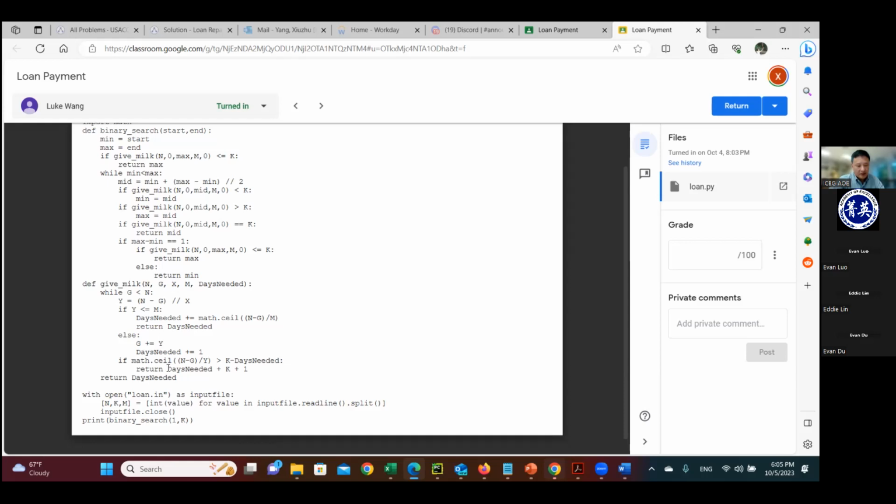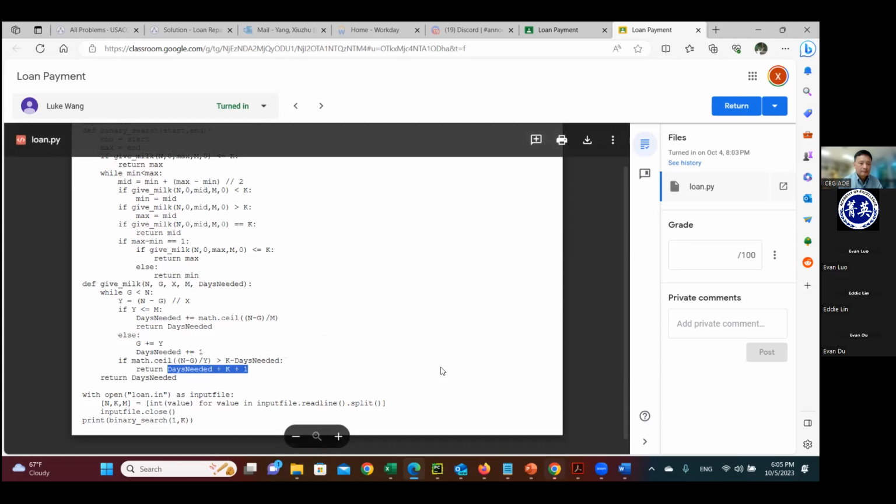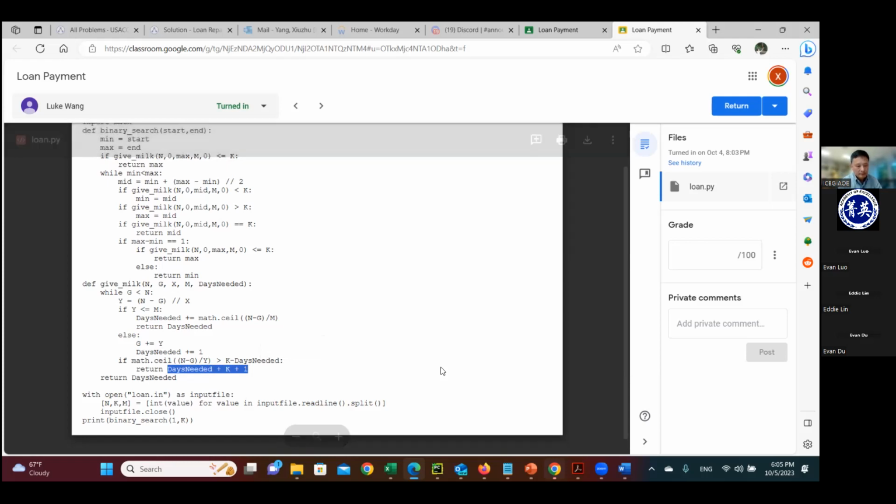So what does this do? This needed plus K plus 1. And then if you have the amount and divide by five, that's the amount of milk, so not every single day.